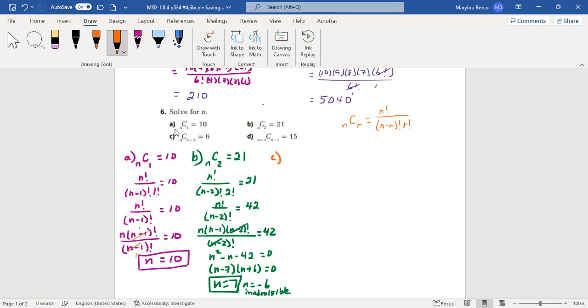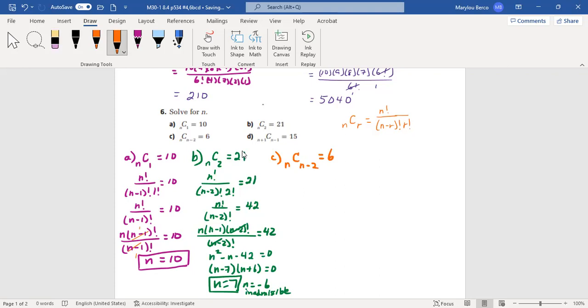nC(n minus 2) equals 6. Okay, same process, but this time for my n, I have n, but for my r, I have n minus 2.